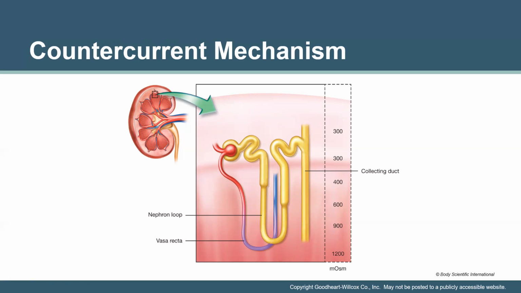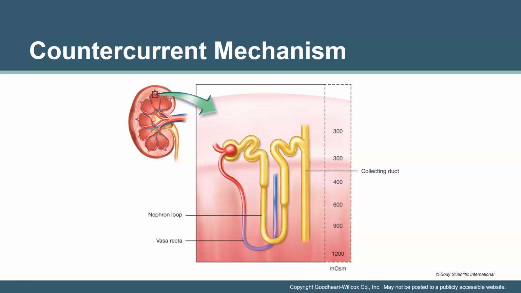The flow of the filtrate in the nephron loop is also considered a countercurrent arrangement because the filtrate flows down the descending limb, then up the ascending limb, adjacent to where it travels down. As with the vasa recta, the close proximity of these parallel pathways will help the kidney create and maintain high osmolality of the interstitial fluid in the deep parts of the renal medulla.